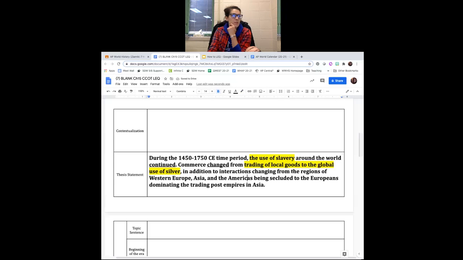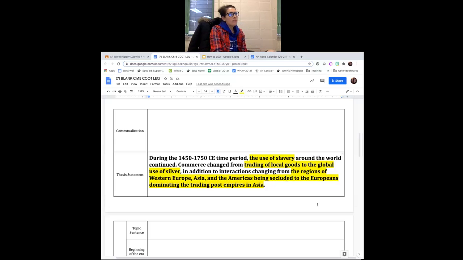And then we're talking about regions being secluded to everyone now working together. So I have my 3 claims here. Again, 3 claims. If you want to screenshot this, you could screenshot this. My big thing is that on Tuesday, we should all have this thesis statement written down.